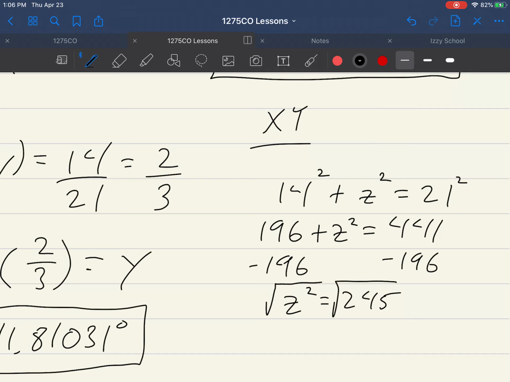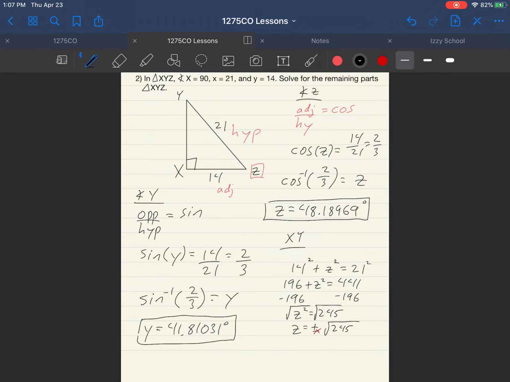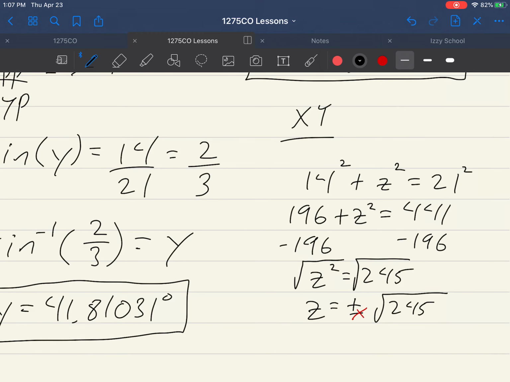Once we take the square root of both sides, that means z is equal to positive or negative square root of 245. Since this is a geometry problem, we don't consider the answer that makes the side of this triangle negative.